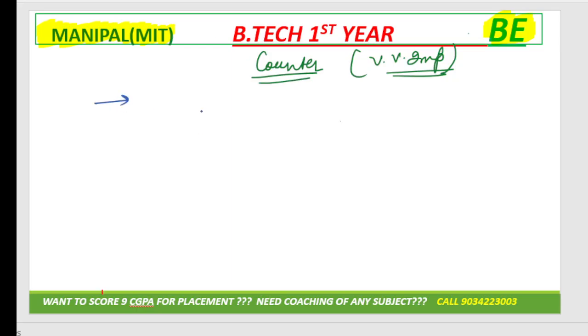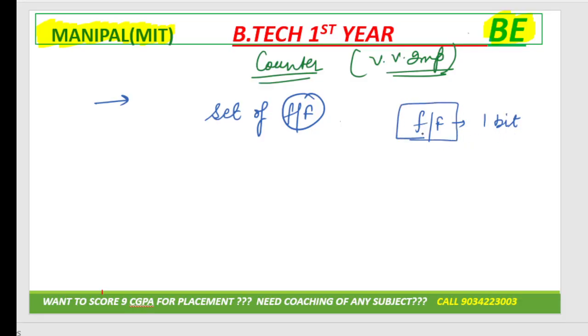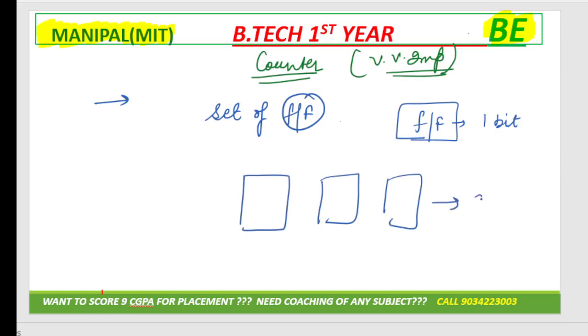A counter is a digital counter. Basically, it is a set of flip-flops. As I told you, if you remember, in one flip-flop I can store only one bit. But if I use a number of flip-flops, then I can store that many bits, right? Suppose I use three flip-flops, then in that case I can store three bits, correct?